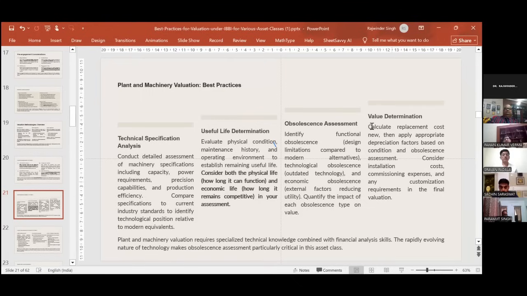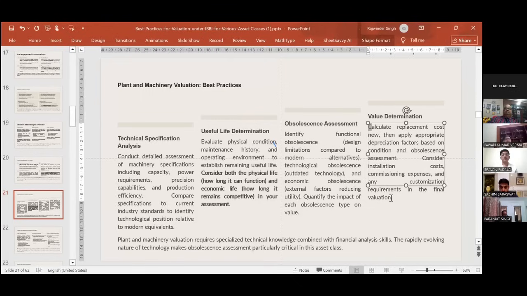This is how you calculate the final value of plant and machinery. Plant and machinery valuation requires specialized technical knowledge combined with financial analysis skills. The rapidly evolving nature of technology makes obsolescence assessment particularly critical in this asset class.